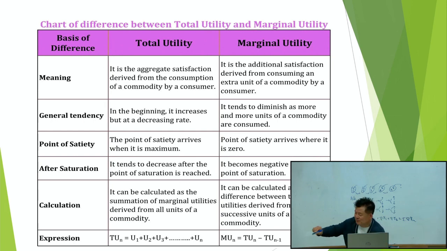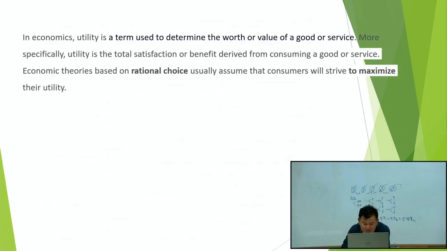The point of satiety for total utility arrives when it is maximum. But on the other hand, the point of satiety for marginal utility arrives where it is zero. Let's show again.